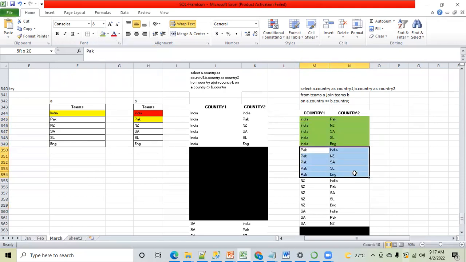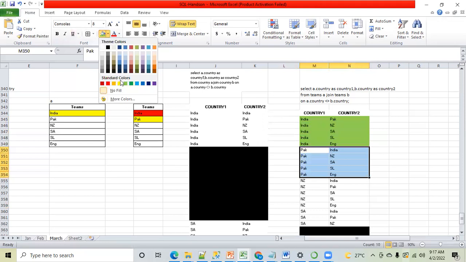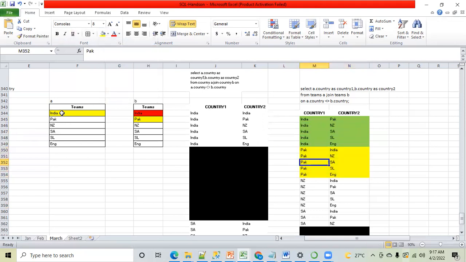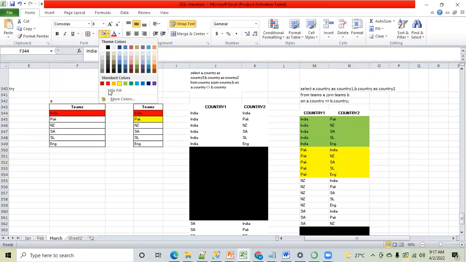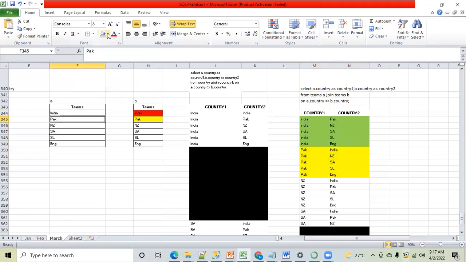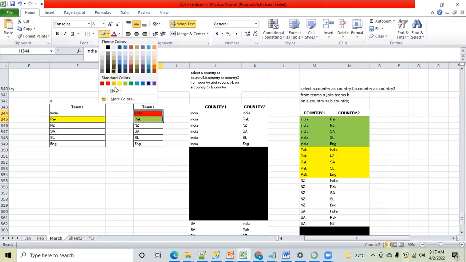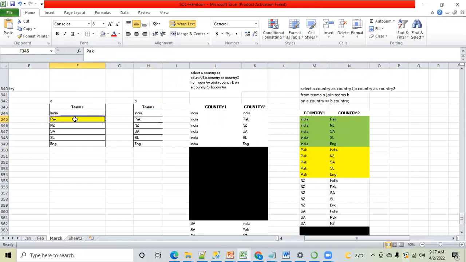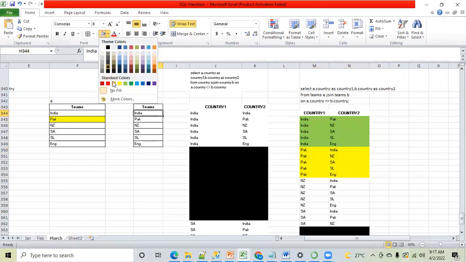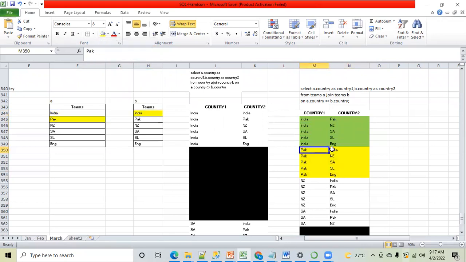Now let's start with the next country, Pakistan. Let's remove this too. First of all, Pakistan will play with which country? India, correct? Pakistan, India is coming here.